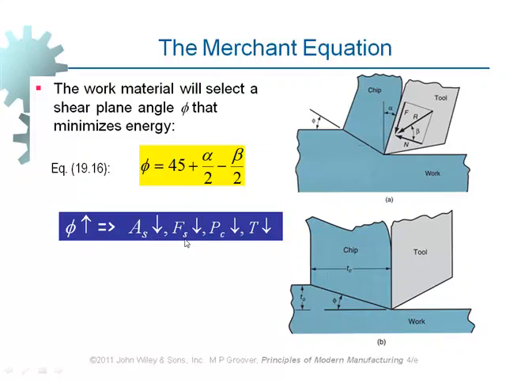Fs decreases, which is shear force, because it is a function of As. Pc decreases, which is cutting power. So the required power for cutting also reduces. Temperature of the operation also decreases. What explains all this? When phi increases, all the other ones which are listed in this equation decrease.